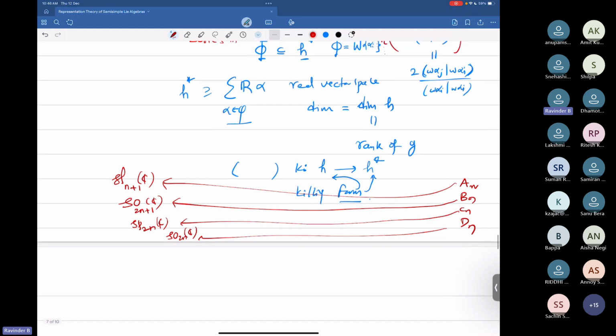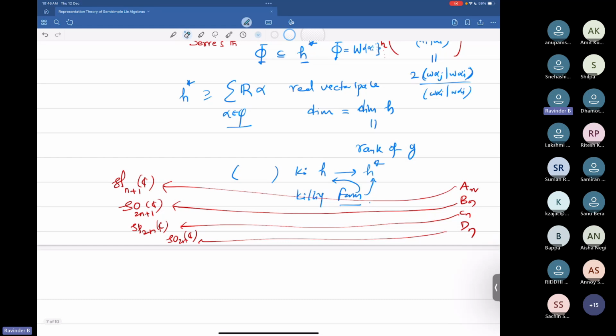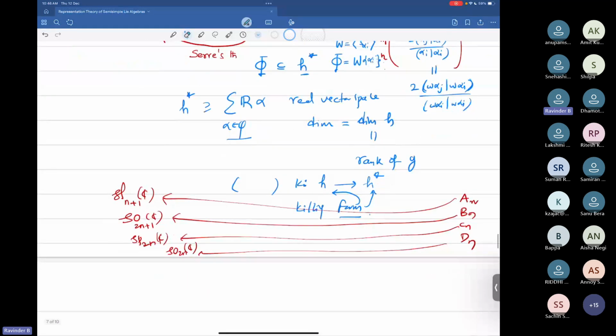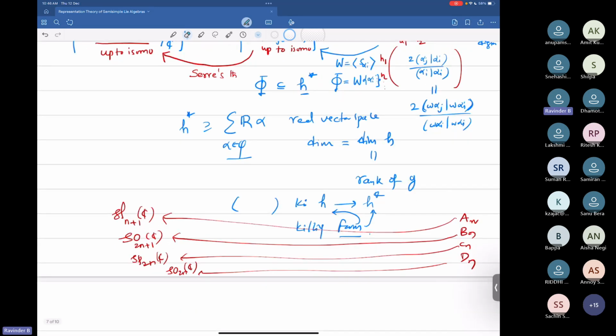If you have connected Dynkin diagrams on the right-hand side and want to get the Lie algebra back, you need not apply Serre's theorem, at least for the classical case. You already know some familiar examples; they will be enough. But if you want to do E, F, G, maybe you have to apply Serre's theorem and construct a Lie algebra. They are all sitting in terms of matrices, of size n plus 1, 2n plus 1, and so on. So they are called classical Lie algebras.